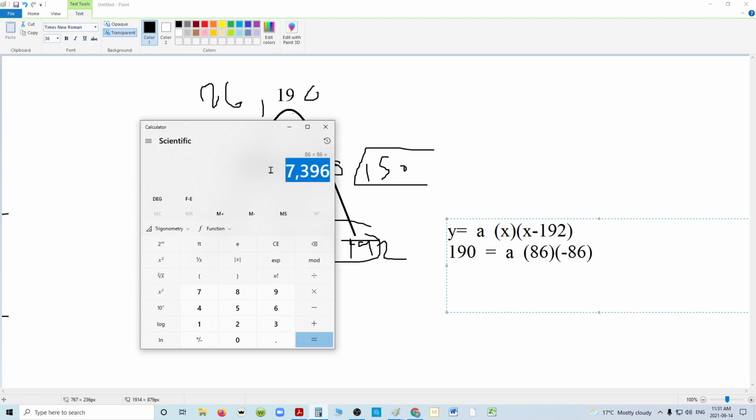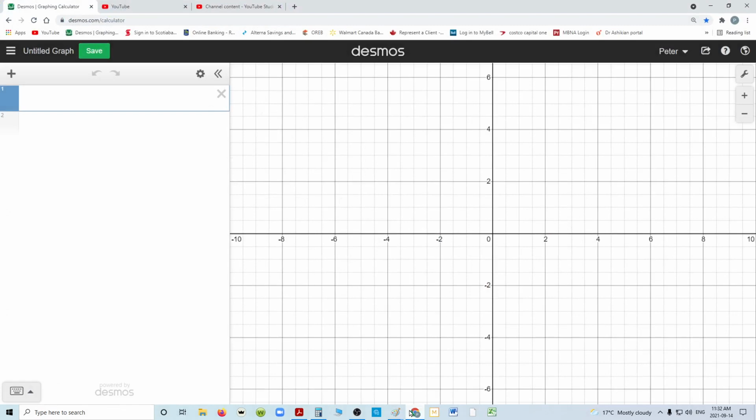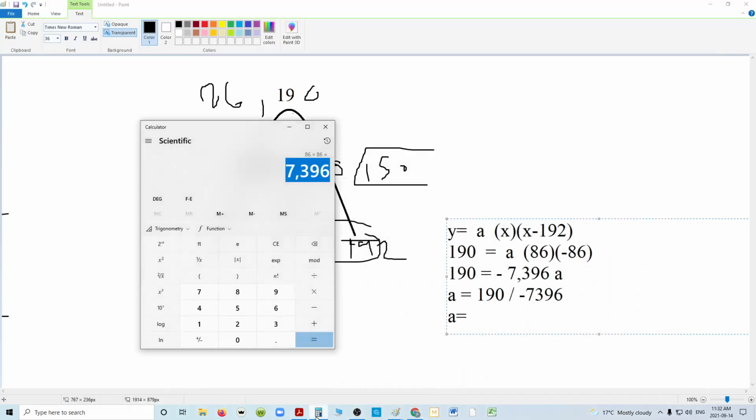As soon as I get it, there we go. 190 is equal to negative this times a, which means a is equal to 190 divided by that. What is a equal to? I'm just going to divide by 190 and then flip it. Where's the 1 over x button? It should be right around here somewhere.